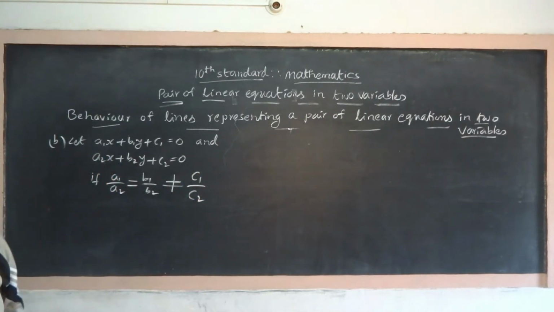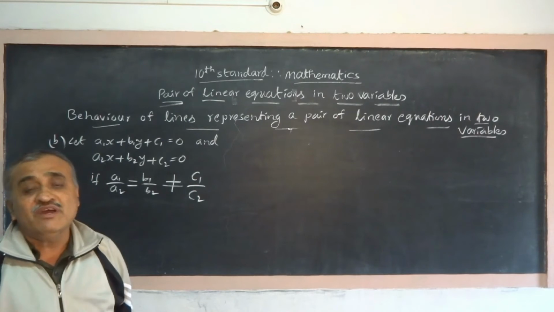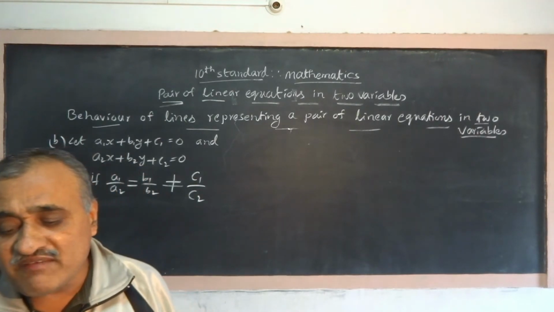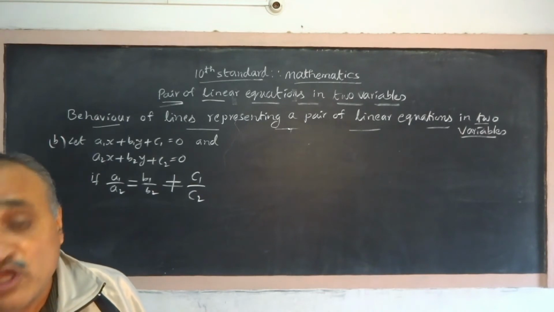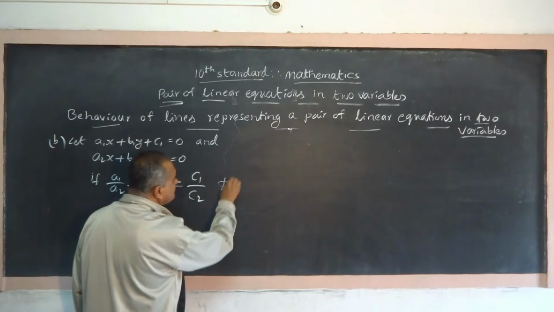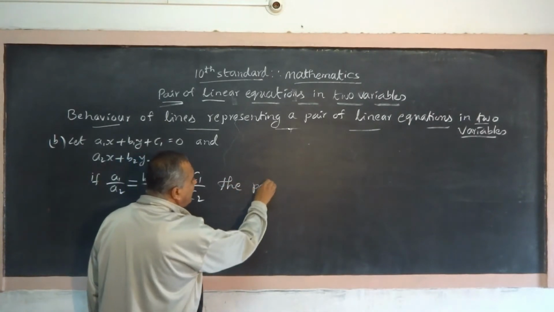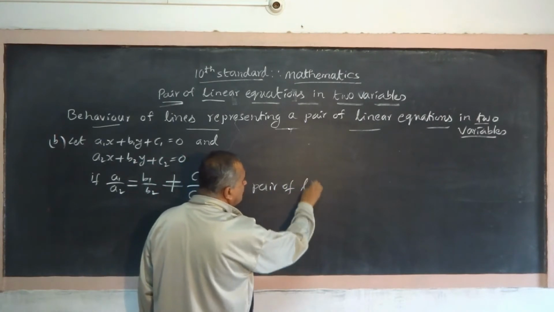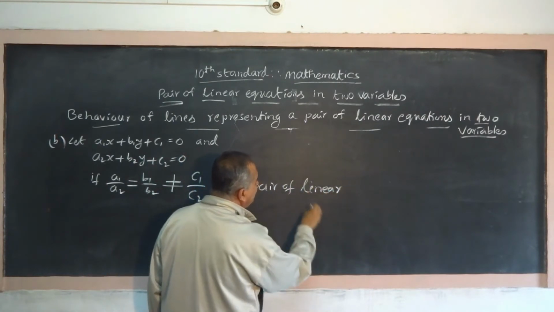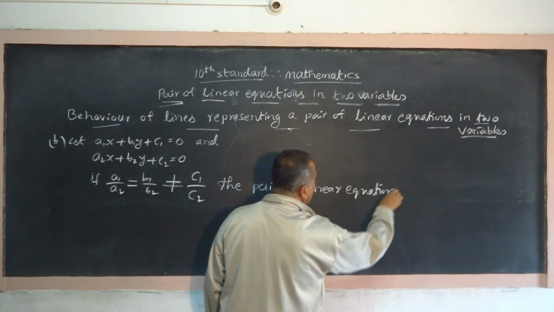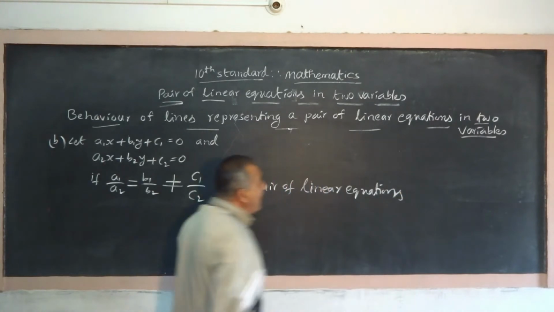If a1 by a2 is equal to b1 by b2 is not equal to c1 by c2, then the pair of linear equations has no solution.